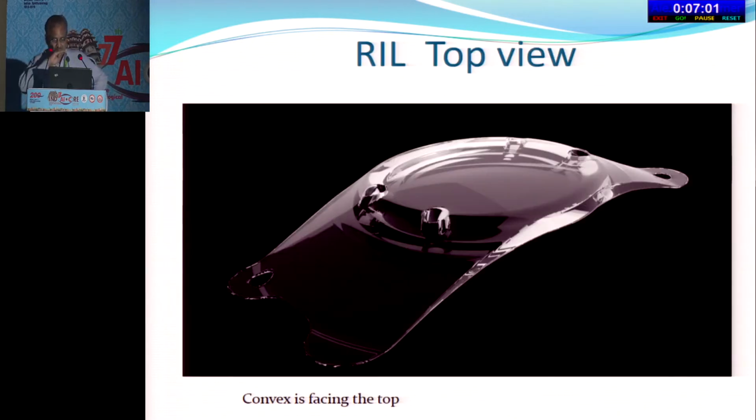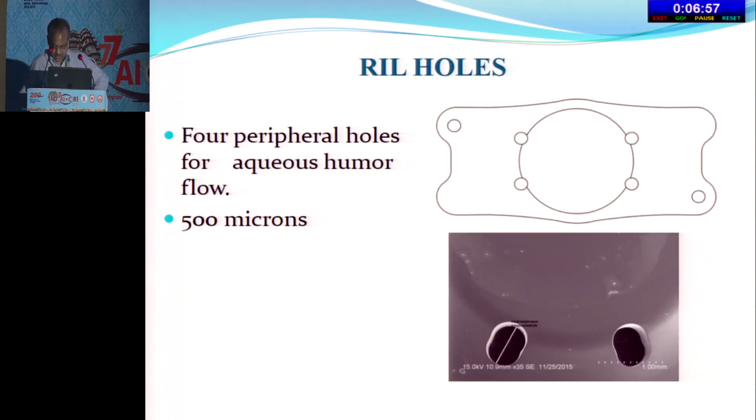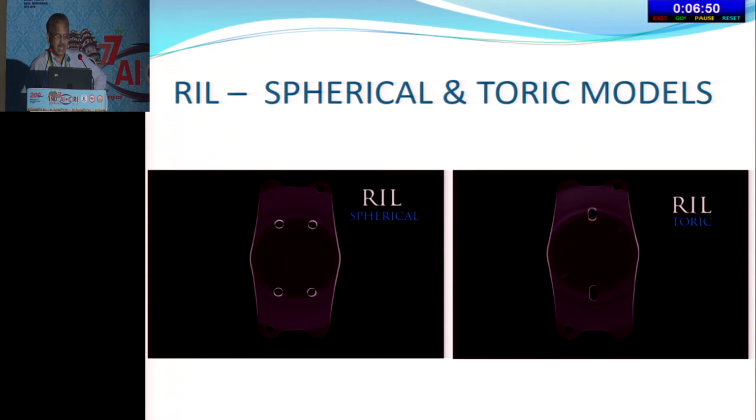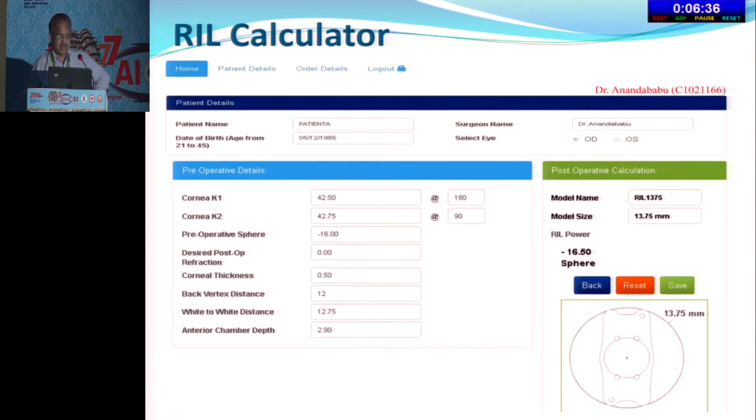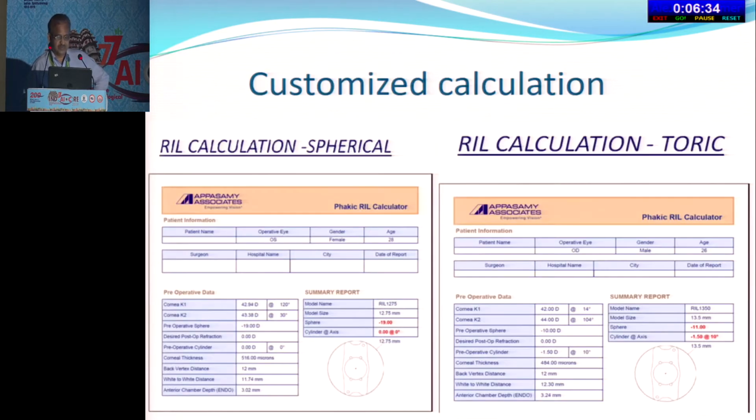In the RIL top view, the convex side is facing the top, and there are 4 holes 500 microns thick, specific holes for spherical, which has 4 holes, and for toric there are only central 2 holes. You can log into the company website to get the RIL calculator.